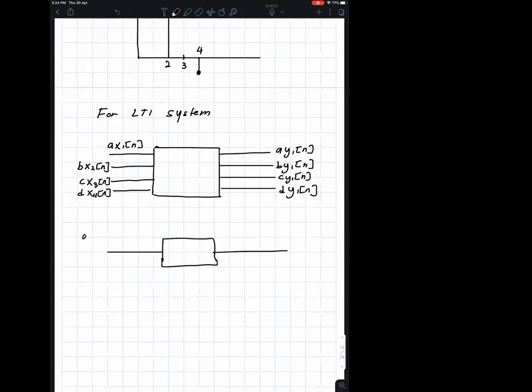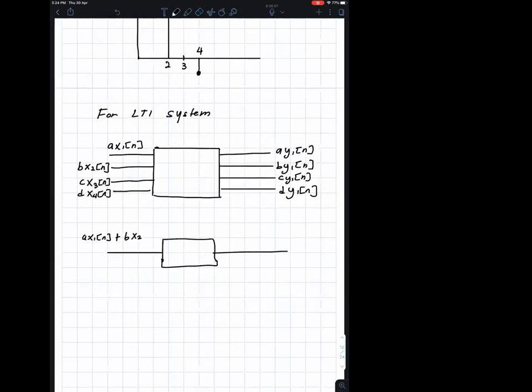If you sum the individual inputs A x1[n] plus B x2[n] plus C x3[n] plus D x4[n], for a linear system, this should give you A y1[n] plus B y2[n] plus C y3[n] plus D y4[n].